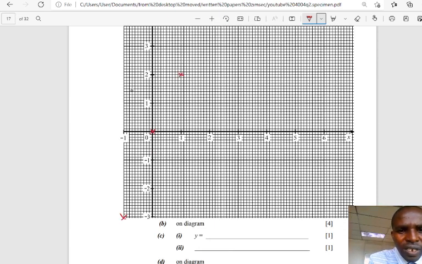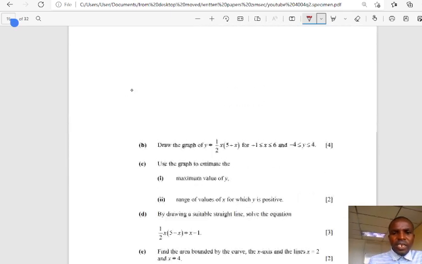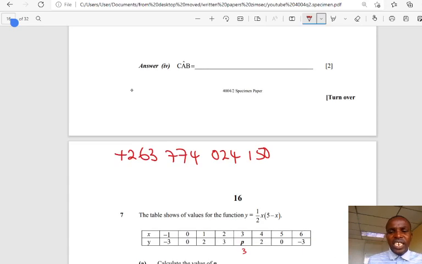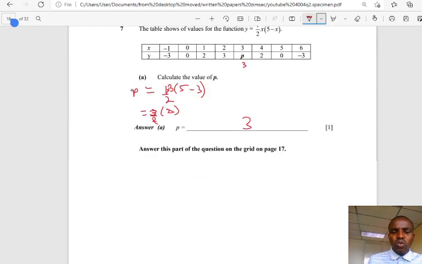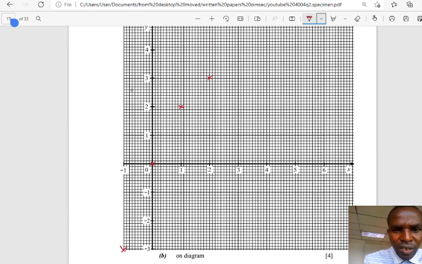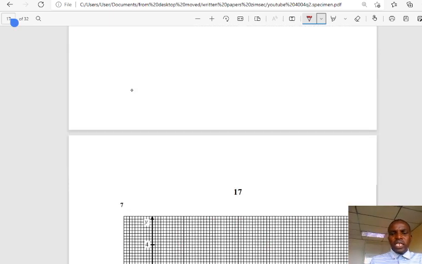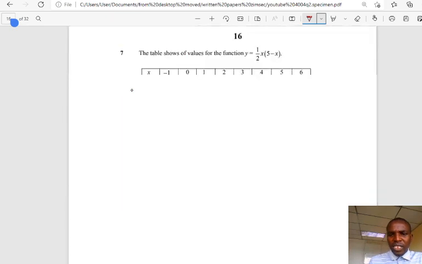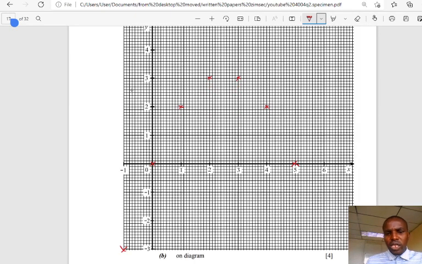Then 2, 3. Then 3, 3. Then 4, 2. Then 5, 0. Then the last point, 6, minus 3.